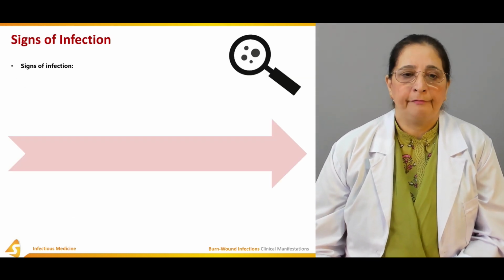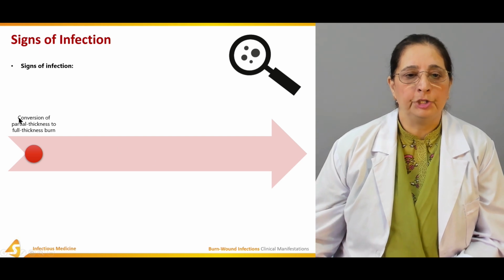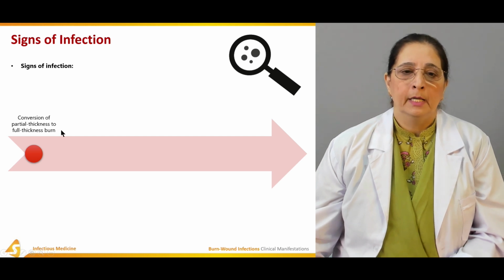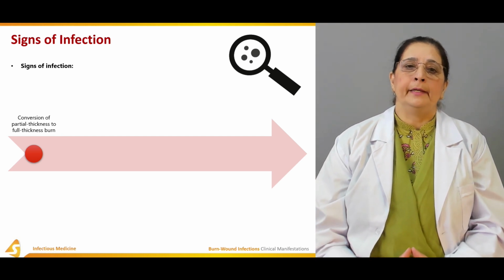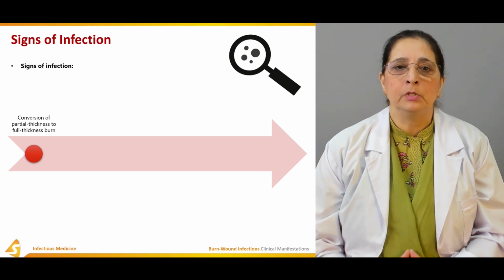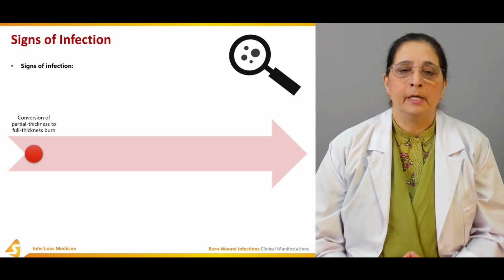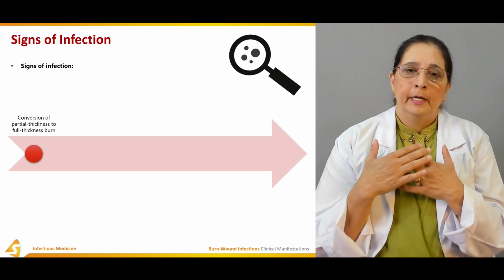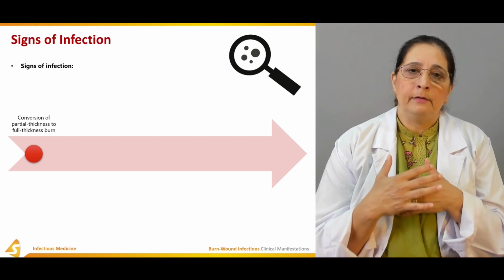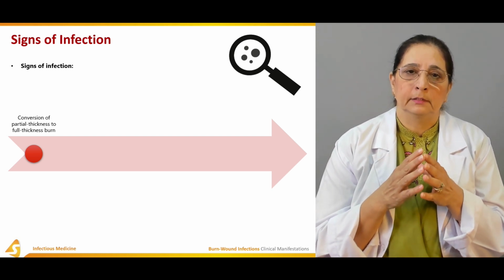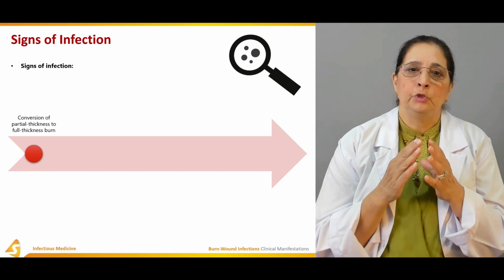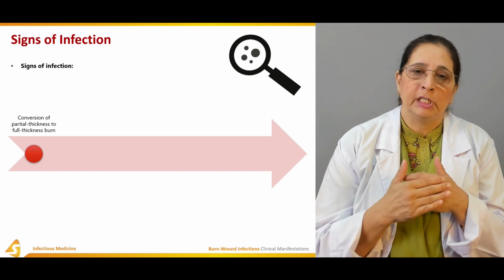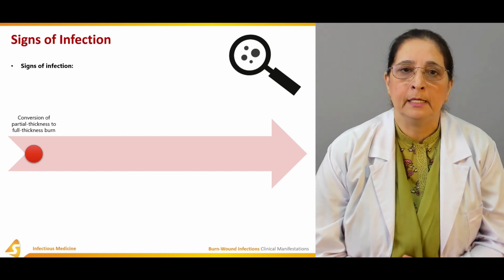Some signs of infection: we have a conversion of partial thickness to full thickness burn. So sometimes partial thickness burn can progress to the full thickness burn. There are 3 layers of the skin: epidermis, dermis, and subcutaneous tissue, which is the fatty layer, the 3rd layer of the skin.